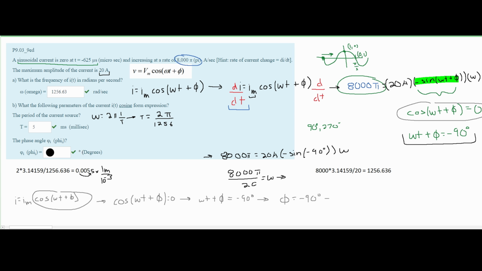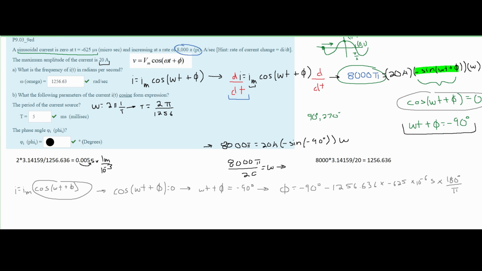We know our omega to be 1256.636. This is being multiplied by our t, which we know to be negative 625 times 10 to the negative 6 for microseconds. Since we need to convert this to degrees, this is going to be multiplied by 180 degrees over pi radians.